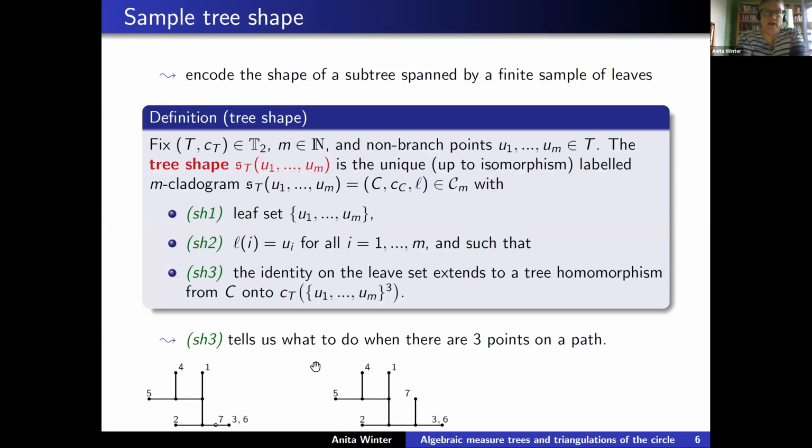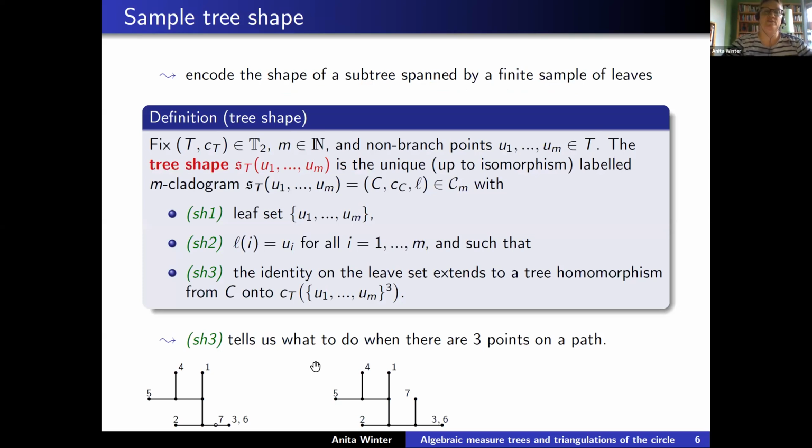So let's define now the tree shape spanned by a sample. For that, we start with a finite number, say m points. We require that these are non-branch points. This is almost surely satisfied for every sample because we require that the atoms are only on the leaves.